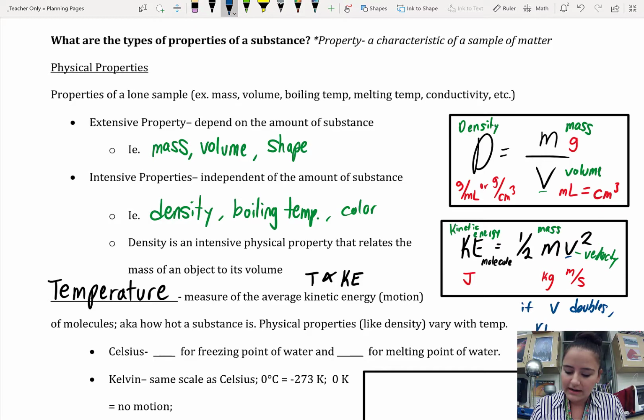So the kinetic energy would be times 4, which therefore means the temperature would be 4 times as much as it was. That's a question that comes up all the time in AP Chem. But as long as you can just look at that equation for kinetic energy and relate those two and know that temperature is directly proportional to kinetic energy, you'll be good to go.